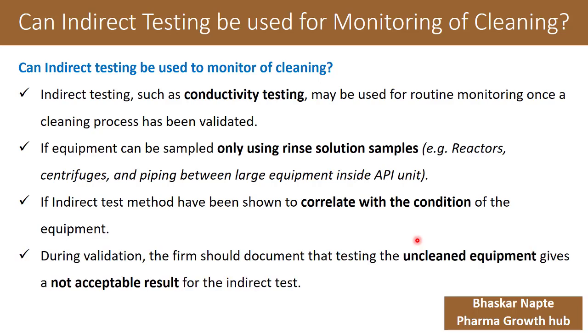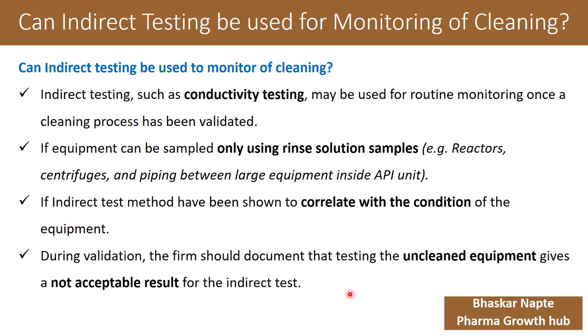And how can one prove that? So during validation, the firm should document that testing the uncleaned equipment gives a not acceptable result for the indirect test. So deliberately you will have a dirty equipment in the place which is not meeting your macro requirement swab limit and it has been tested by using the direct test method and you come across, okay, now the results are out of the spec.